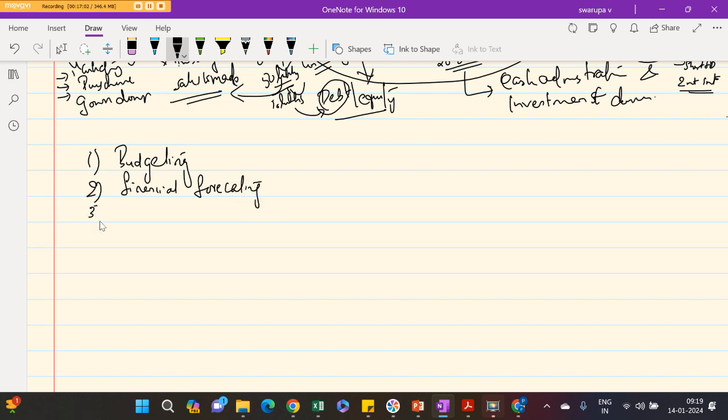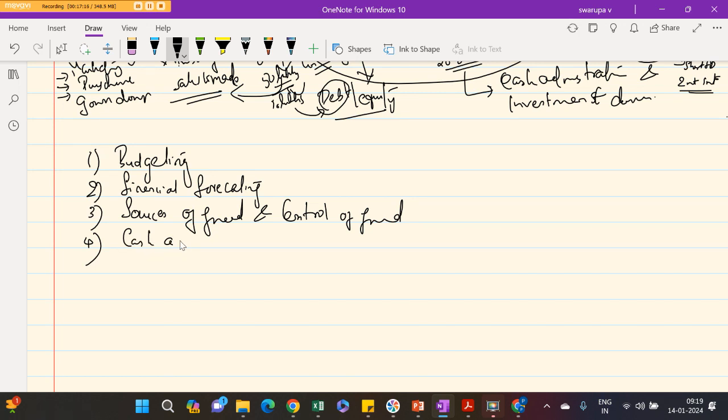After forecasting, we decided on sources of fund and controlling the fund. Then it was cash administration. Then we did an investment decision. Then the last one was your credit administration.